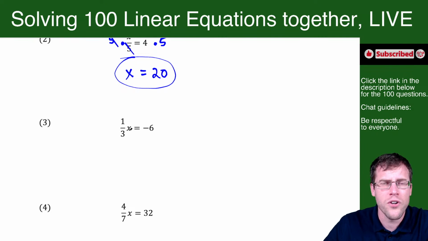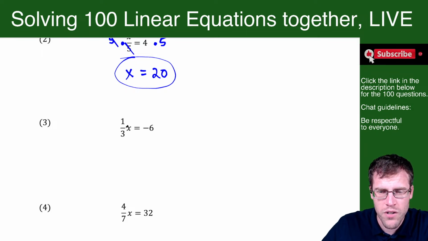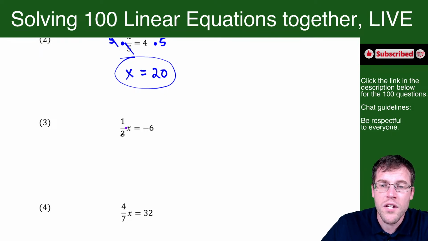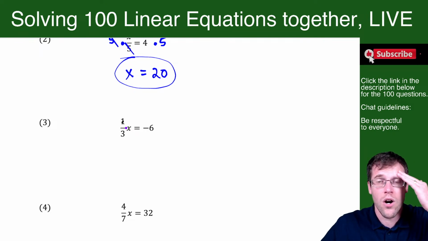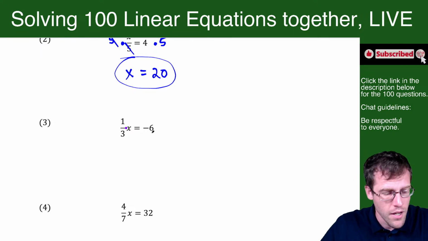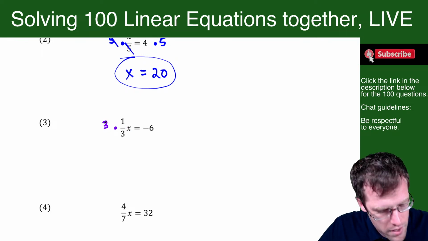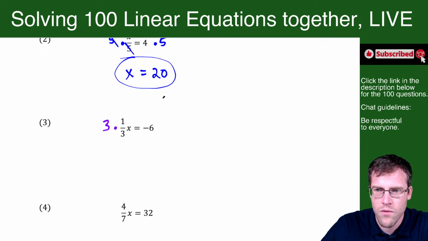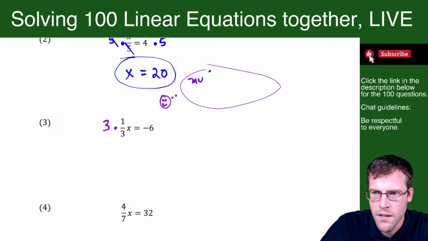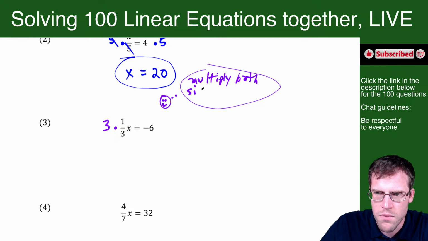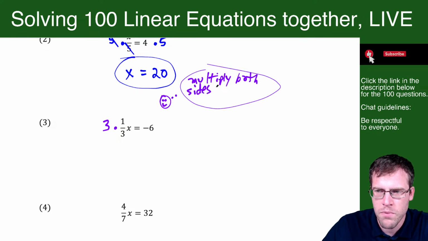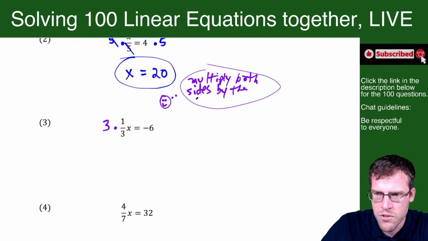For the next question, we have 1/3 x equals -6. So to get rid of this 1/3, it's 1/3 times x here. There's a few ways we could do this. You are able to divide both sides by 1/3, but I would say a nicer way of doing this is just to multiply both sides by 3. A little idea for solving linear equations is that you could multiply both sides by the reciprocal.